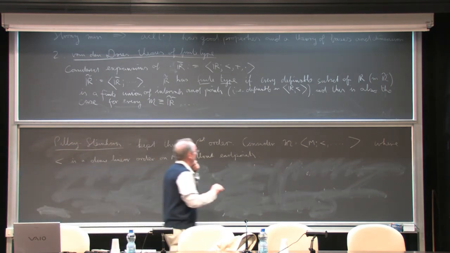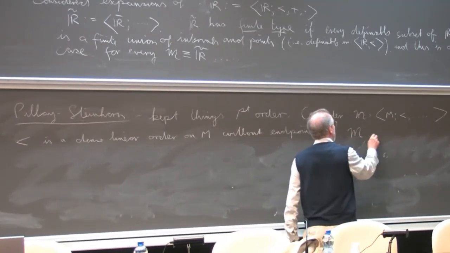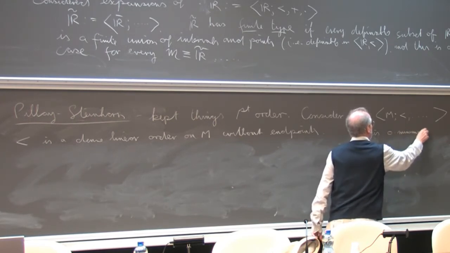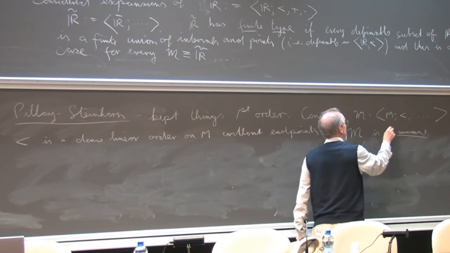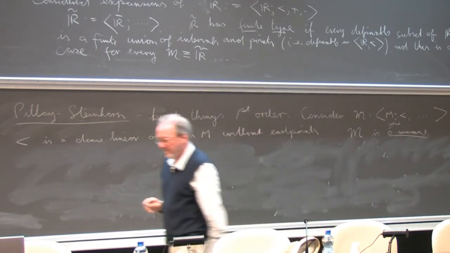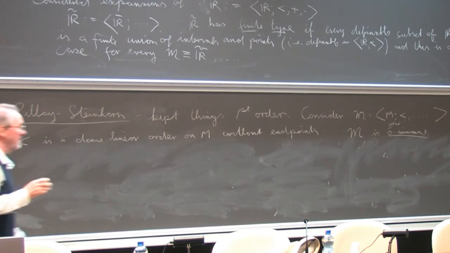And then they call M o-minimal. So they first introduced the term, and the O just stands for order. It's going to be a complete analogy with strong minimality, except respecting the presence of an ordering.